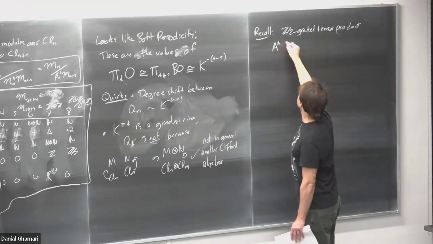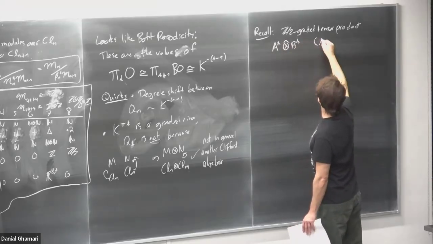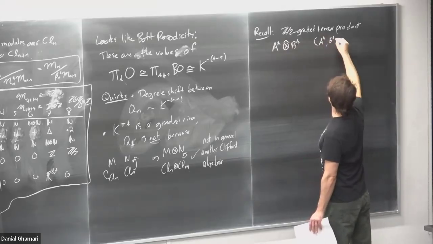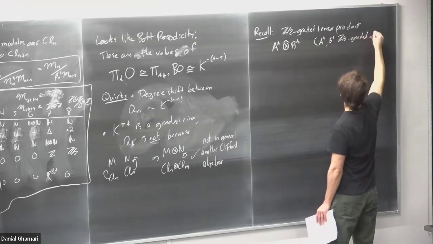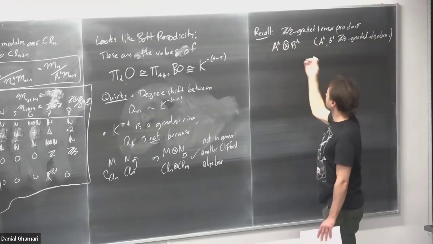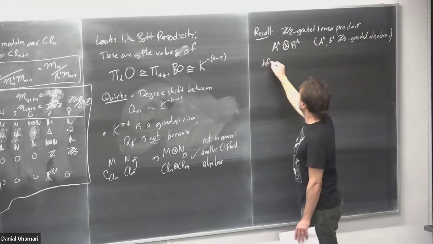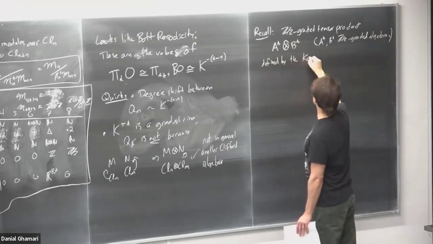So if we have a graded algebra, we had this product defined by the Koszul sign rule.